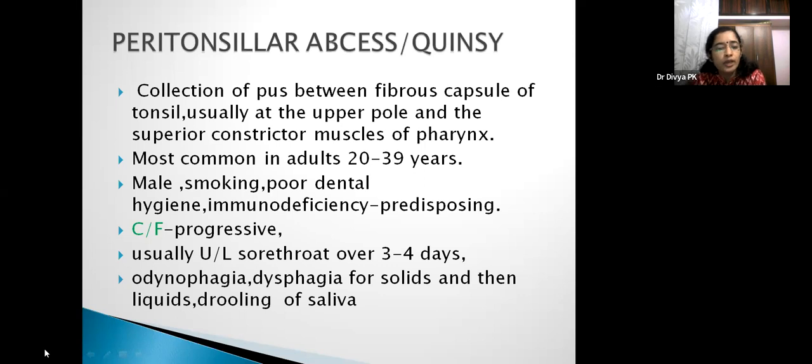There will be painful swallowing, initially for solids, then progressing to liquids. The patient cannot swallow his own saliva. There may be drooling of saliva.